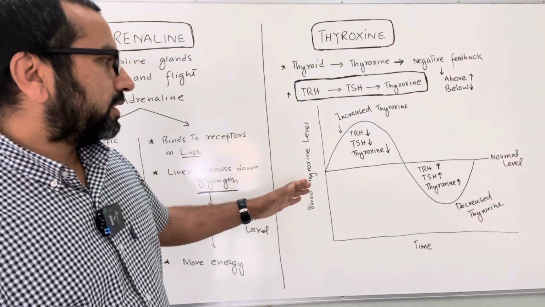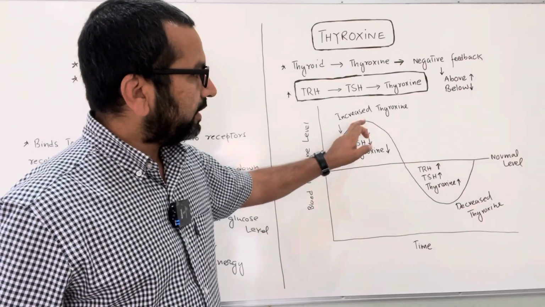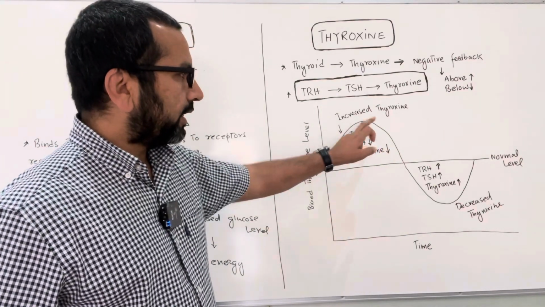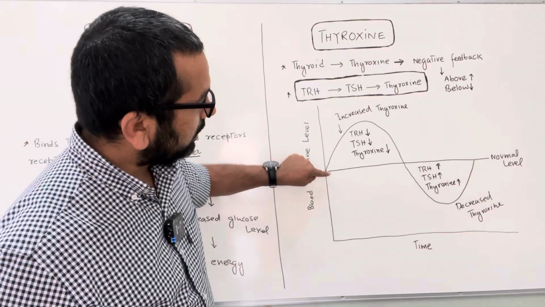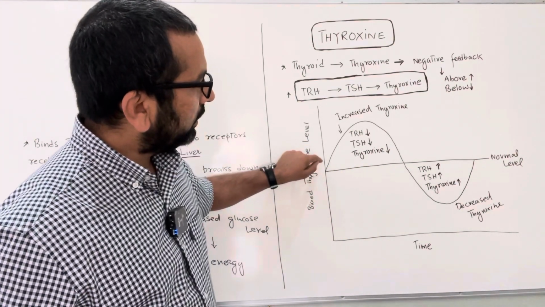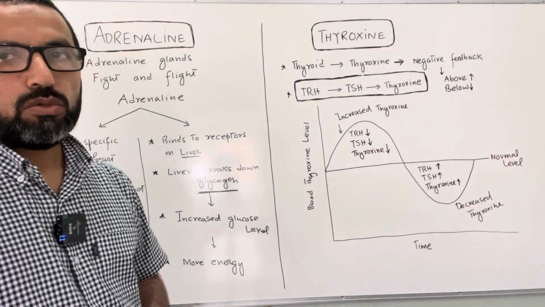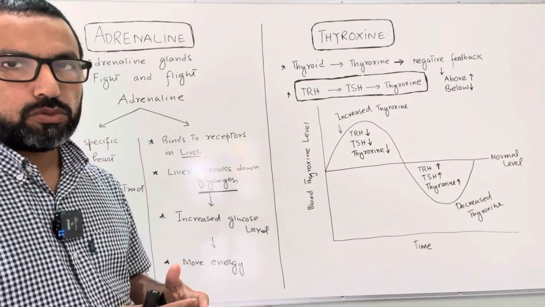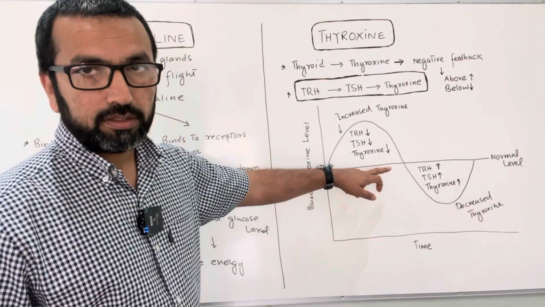In case of negative feedback here, the thyroxine is above the normal level. What should be the response to bring it back to the normal level?